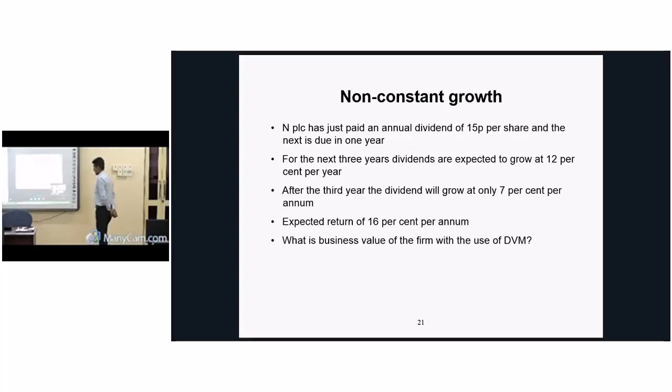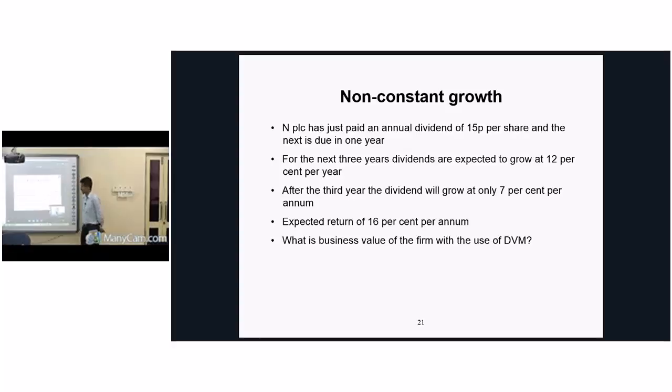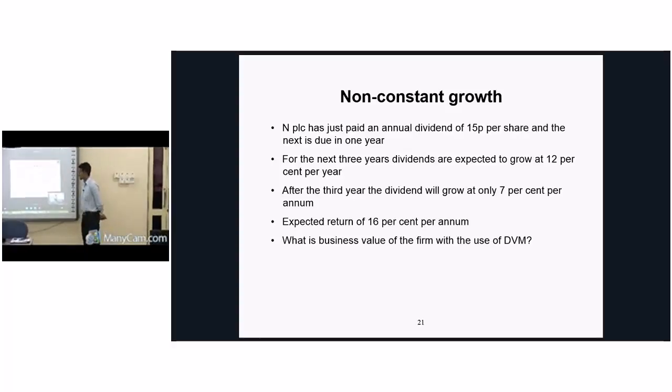Keep in mind, what we are trying to do is calculate the present value of future cash flows. So we are going to convert the future dividends, first 3 years at 12% and thereafter 7%, and the expected return is 16%. What is the value?